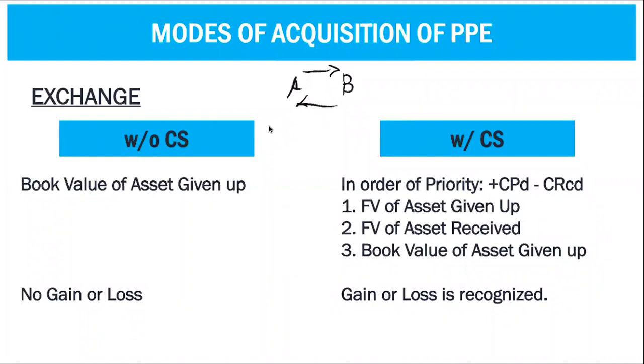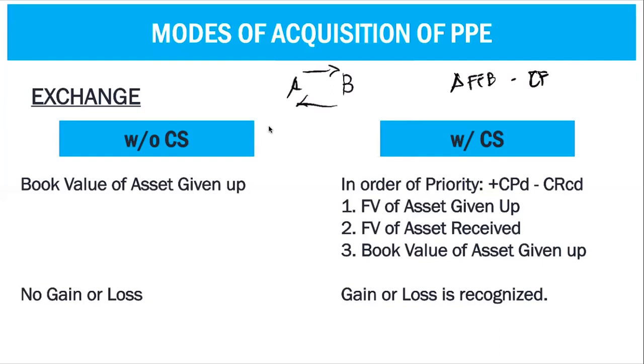And when can we say that there is a commercial substance? In case there is a difference as to the future economic benefits, particularly the cash flows on the future economic benefits on that property, then we can say there is a commercial substance. Sir, relating to a problem, when can we say it is with commercial substance or without commercial substance?